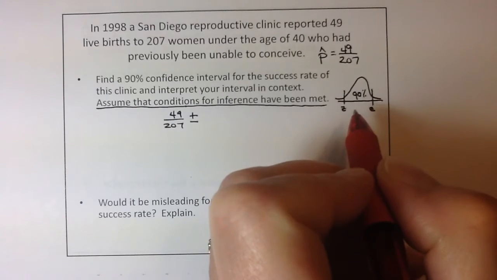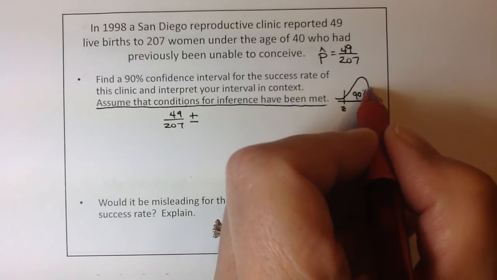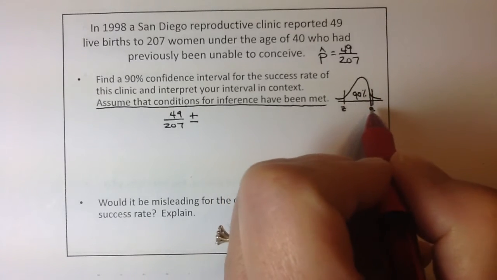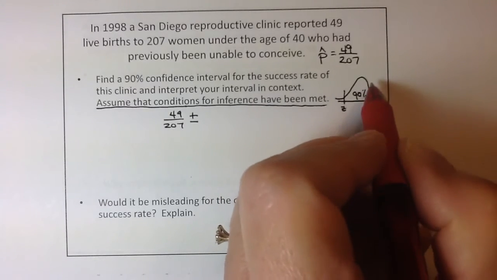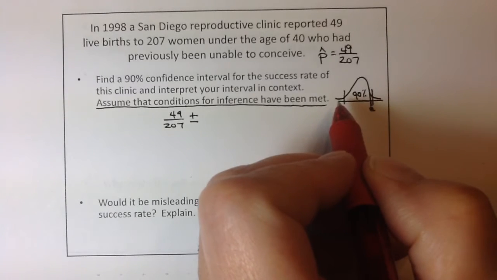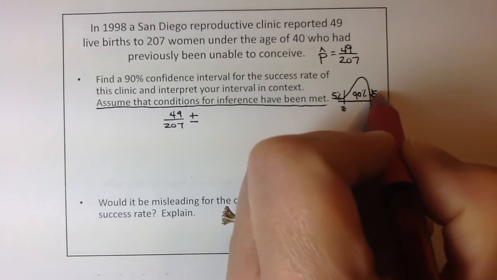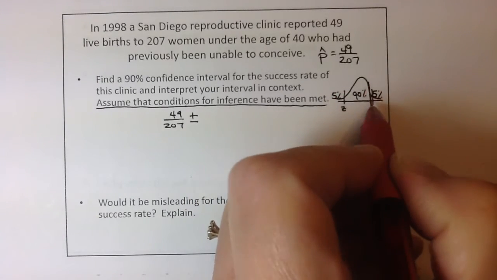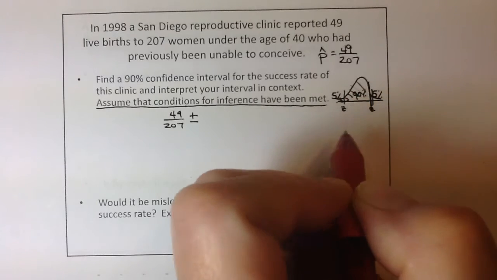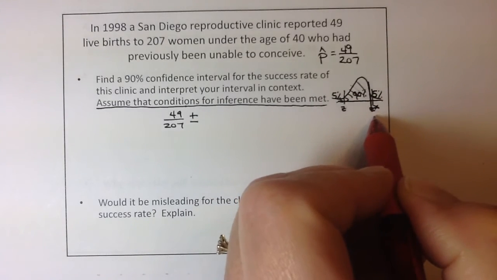So we could do an inverse normal, and normally I'm looking for this positive upper Z-score, but they're opposites, so either one will work. So if 90% is in the middle and 10% is in the tails, that means 5% is in this lower tail and 5% is in this upper tail. So there's 95% of all possible samples that lives below this Z star right here.